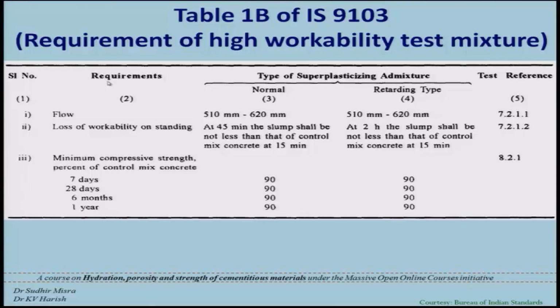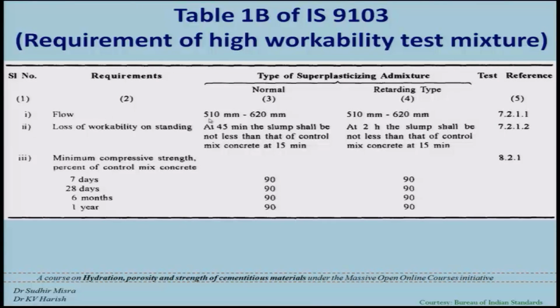So, here in this table you see the requirements: flow, loss of workability on standing, minimum compressive strength expressed as percentage of control mixed concrete, and under the type of superplasticizing admixture we have normal and retarding type.